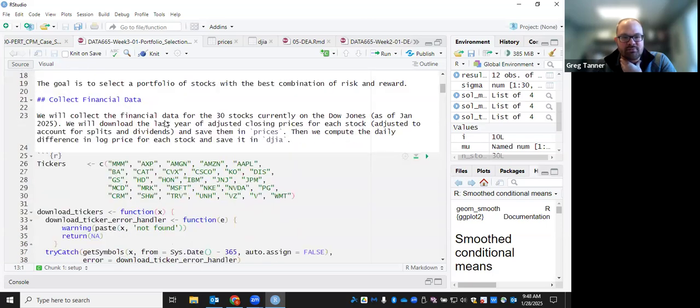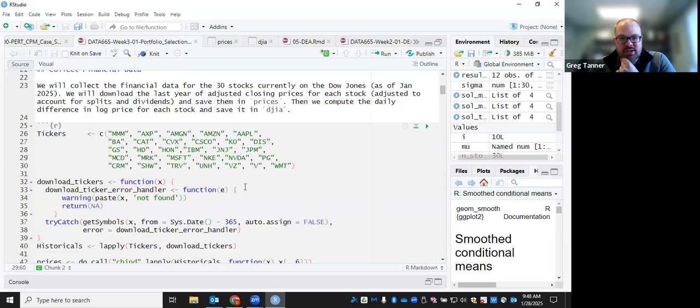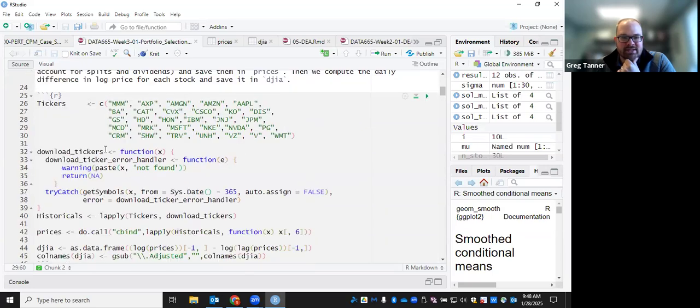So let's collect some financial data. For this tutorial, I focused on the 30 stocks that are in the Dow Jones Industrial Average as of January 2025. And so these are the tickers for those stocks. If you run this code here, it will go ahead and download the price data for those stocks.